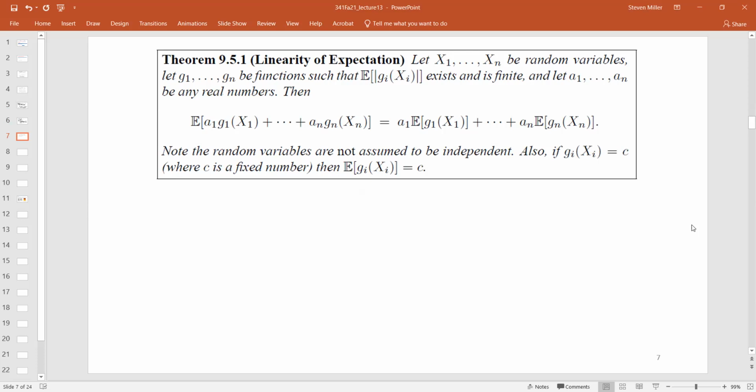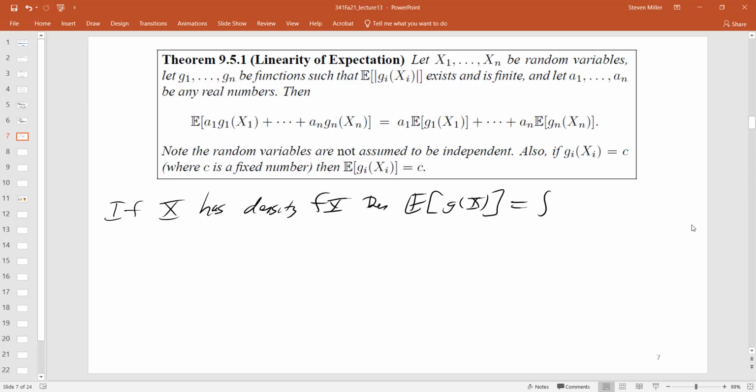So what we mean by this is, if X has density f of x, then the expected value of g of X is just the integral from minus infinity to infinity of g of x times f_X of x dx.